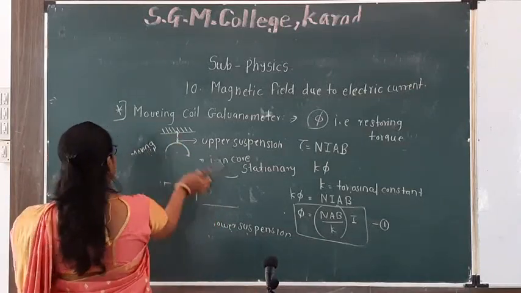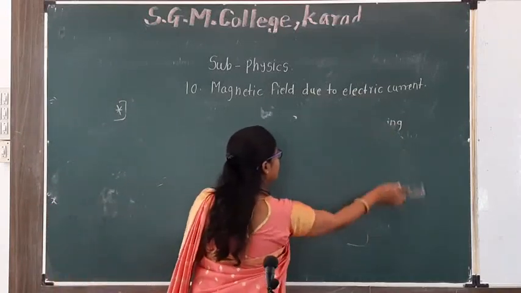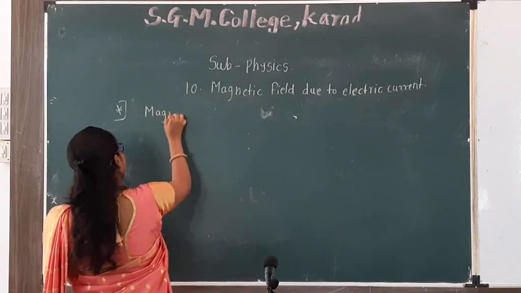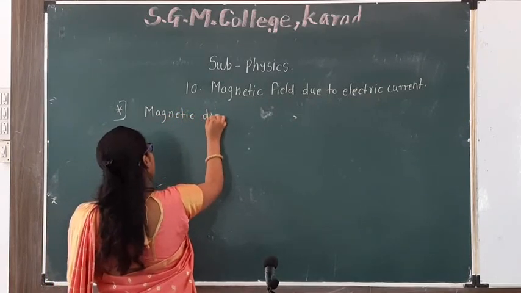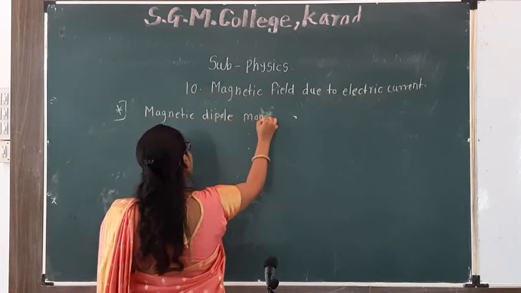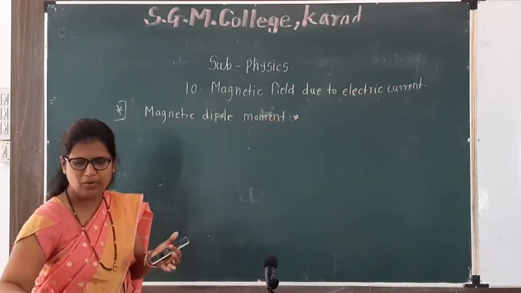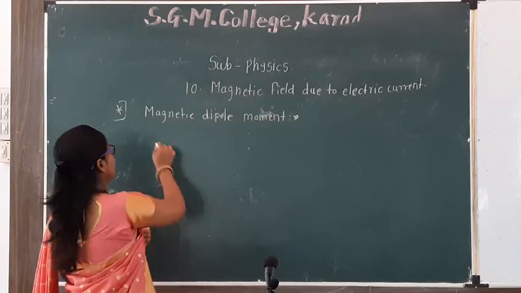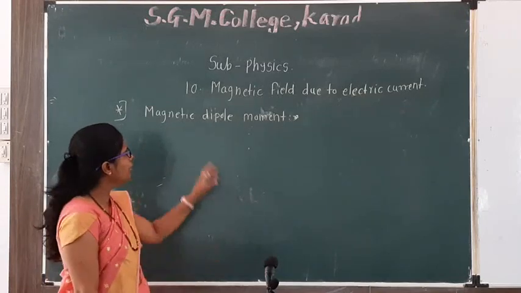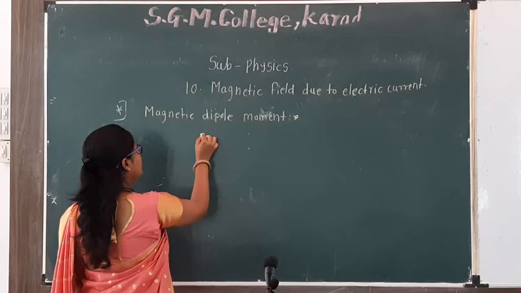Now the next article is magnetic dipole moment. In the case of a current carrying coil, the magnetic dipole moment can be written here.